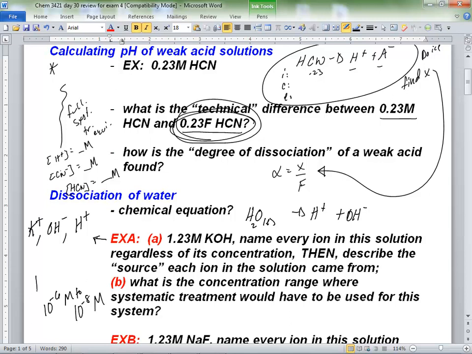If you have KOH in that range, or any strong acid or strong base, it's not a simple question. You have to do a full systematic treatment, because now the contribution of hydroxide and hydrogen ion due to water dissociation is appreciable. You can't just knock it off.